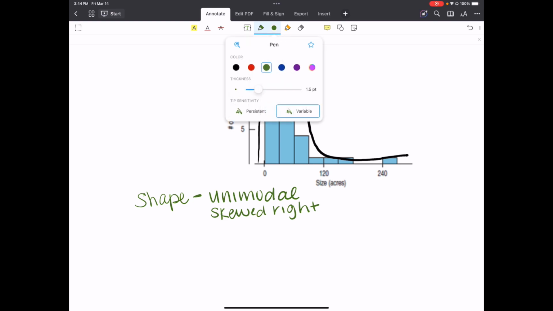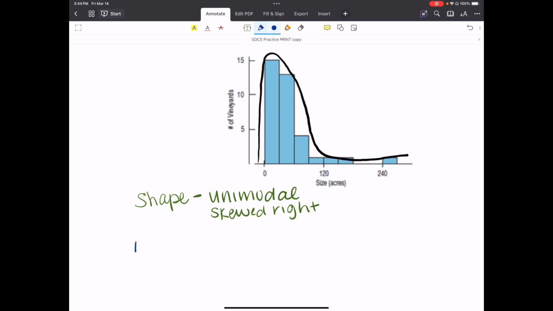So now let's move on to outliers. And if you look at your notes, outliers, you always mention any outliers. You always talk about gaps. So to me, this guy right here looks like an outlier. So we're going to say one outlier from 240 to 280. So these are 40 apart.